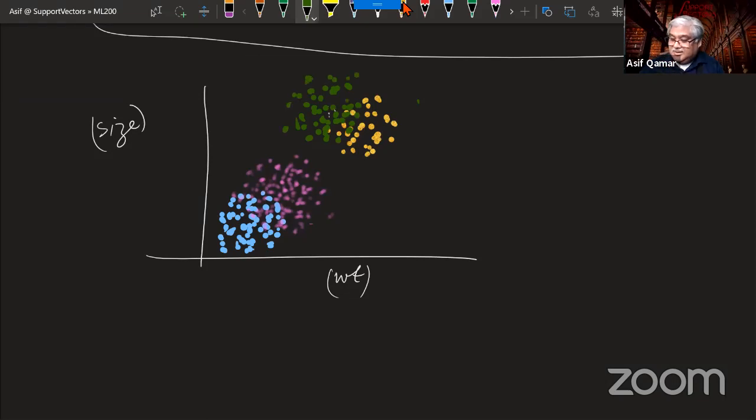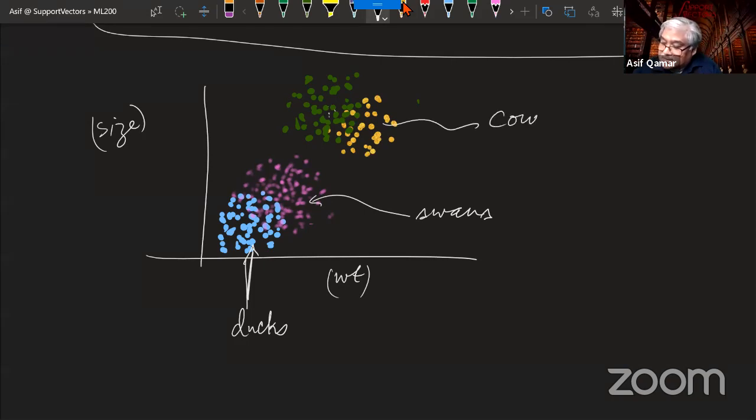So we'll pretend that these are. Let's give names to these. These are mostly ducks, and these are swans. These are cows. And these are giraffes.